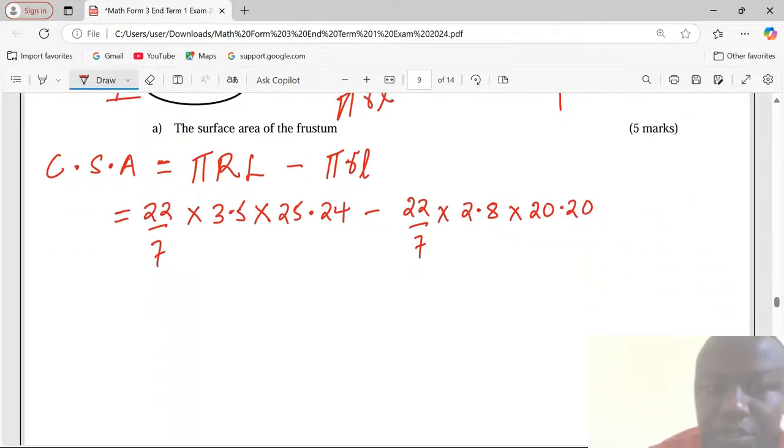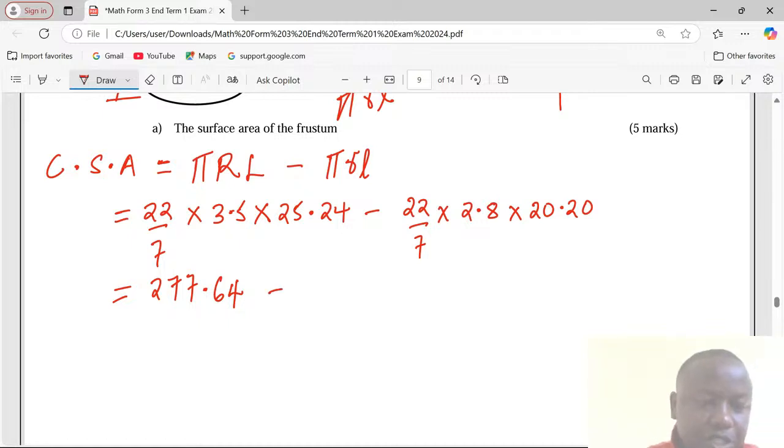So now we can compute this. 22/7 multiplied by 3.5 multiplied by 25.24 gives us 277.64.